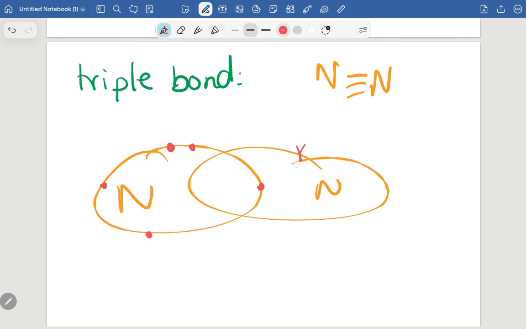So as you can see, even though these are in the intersection, we also have this over here. And this over here. They are unpaired. So what do we do? We'll move them all the way over here. So now it looks something like this. It will look like we have one lone pair on nitrogen, another lone pair on the other nitrogen, and the intersection has 3 electrons. So this is the triple bond. And another way you could represent it is N triple bond N, 1, 2, 3, 4.